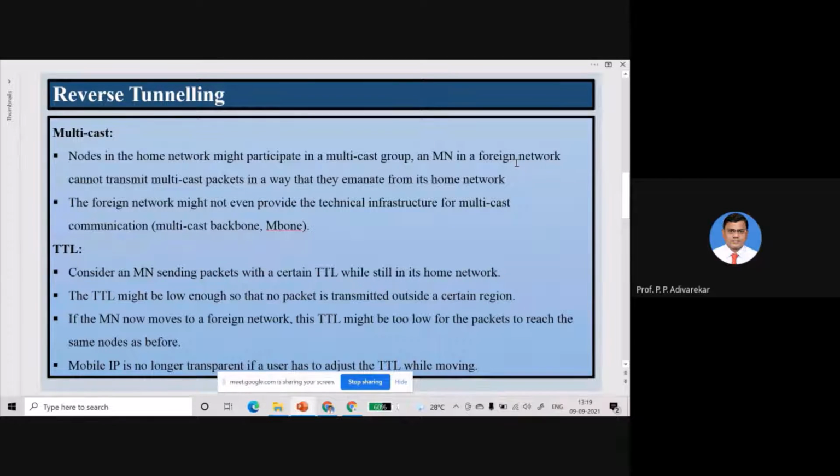Nodes in the home network might participate in a multicast group. Now, what is a multicast group? We have already seen what multicast means.